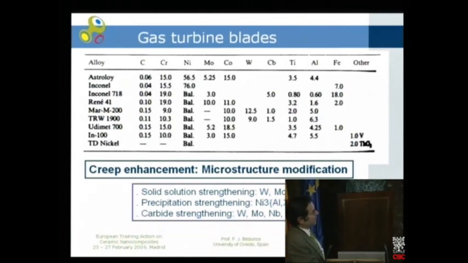Others, like aluminium, titanium, niobium, and tantalum, can be used to make precipitates, nickel-3 aluminium or nickel-3 intermetallics, in order to block these dislocation movements. Other elements, like carbon, can be used for carbide strengthening, but the idea is the same: to put small carbides in and block the dislocation movement.